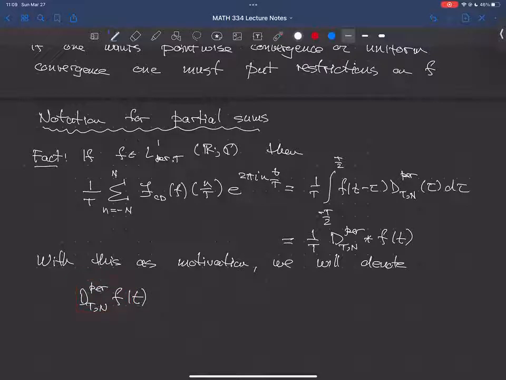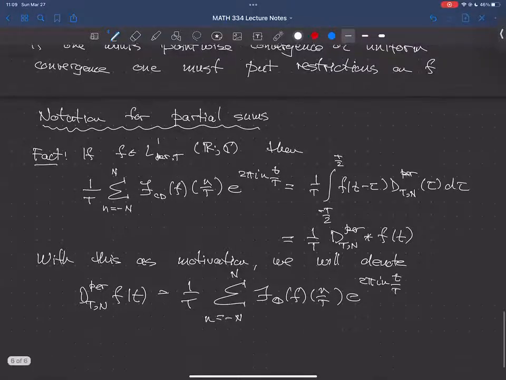Anyway, this is exactly the nth partial sum.